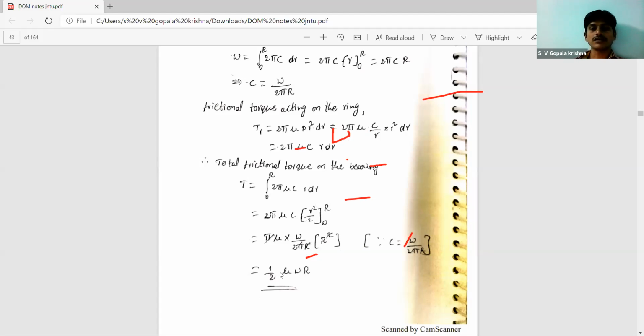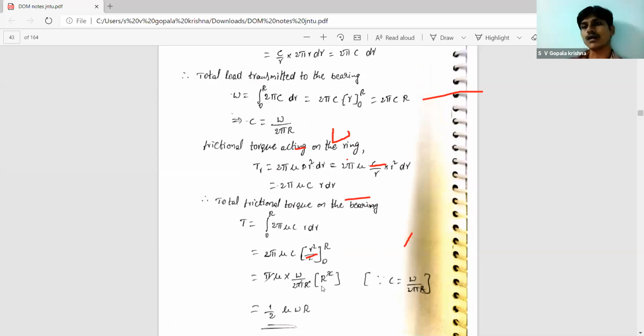The remaining term is half into mu W R. So that is the total frictional torque acting on the bearing: half mu W R.